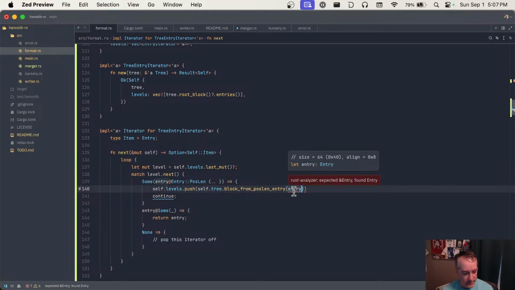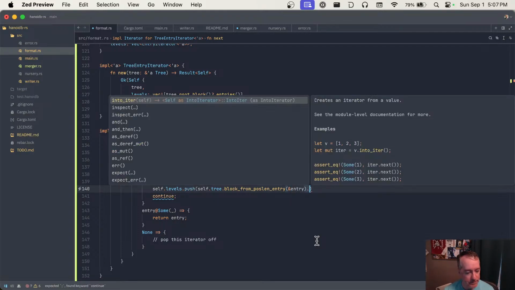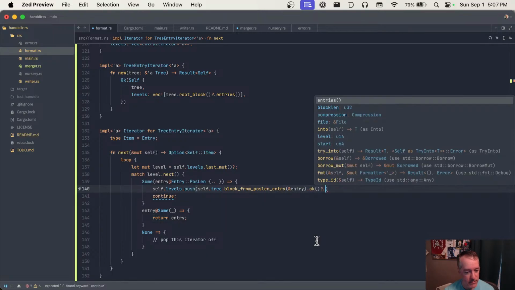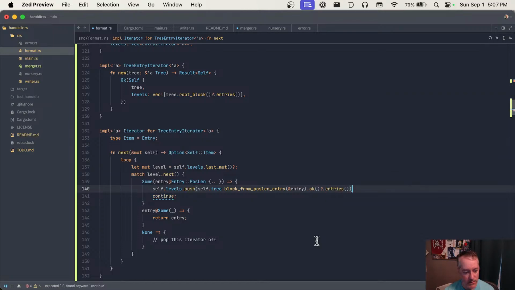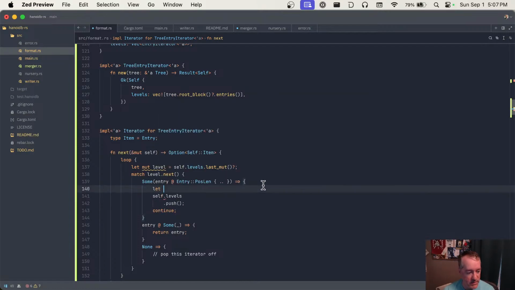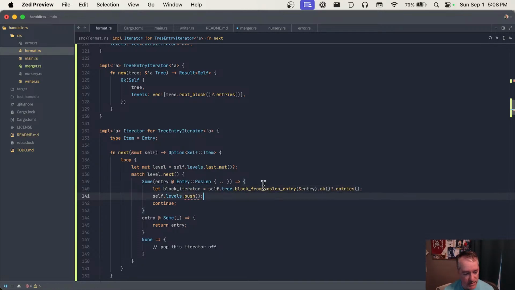What's wrong there? Okay, fine, borrow it. Don't care. And then we need to turn it into an option, entries. Okay. I'm just going to break this out so that it's clear what that is, and then I can put a name to it.